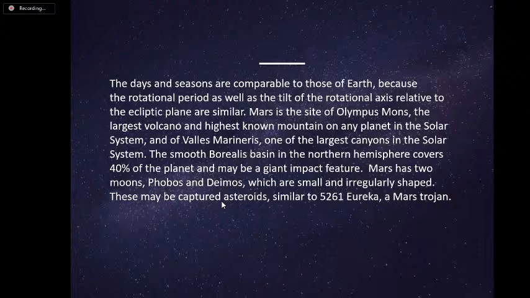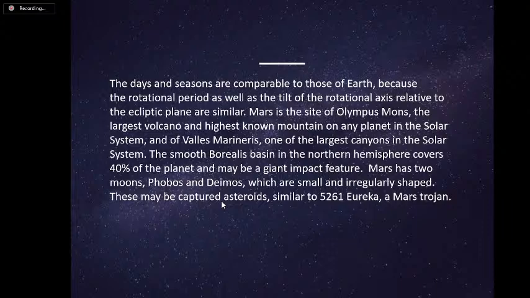Mars is the site of Olympus Mons, the largest volcano and highest known mountain on any planet in the solar system, and of Valles Marineris, one of the largest canyons in the solar system.